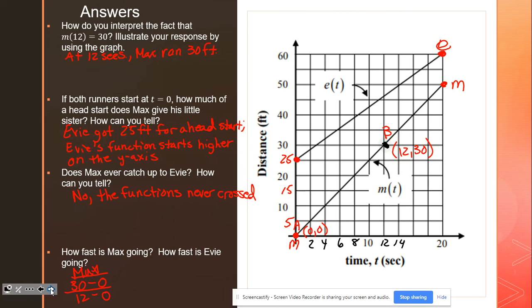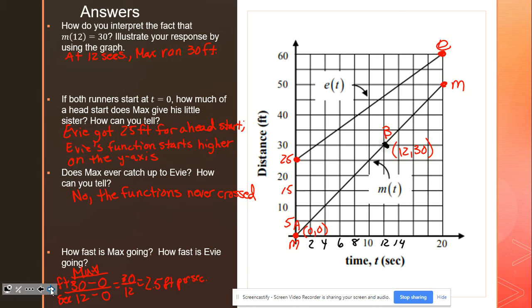Doing those calculations gives me 30 over 12, not 36. Pardon my writing there. 30 over 12, which is equal to 2.5. And what are we looking at? Feet per second, because this is feet on top and this is seconds on bottom. So 2.5 feet per second.